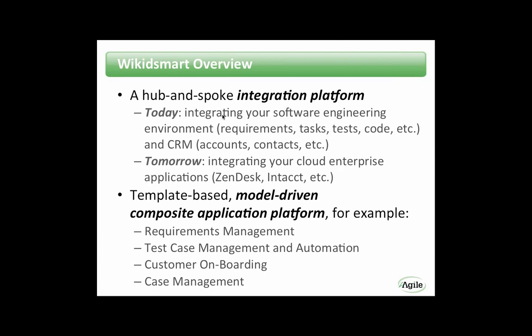But essentially, it's a model-driven composite application platform. That means you can achieve these examples of applications within the existing environment you already have. For example, requirements management within Confluence integrated with JIRA. Test case management and automation within Confluence integrated with JIRA and Selenium. Again, I name these applications and tools, but they can be any applications and tools, and we have all of these connectors right out of the box that I'm mentioning.